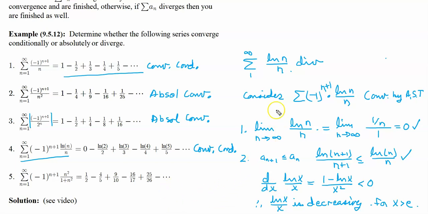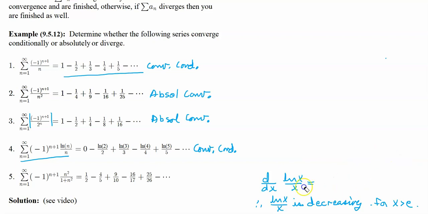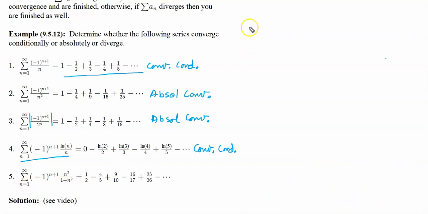Let's take a look at number 5. Okay, so for number 5, once again, we start by considering the absolute value of that series. So we consider this. If this converges, we have absolute convergence, and we're done. Well, let's see here.